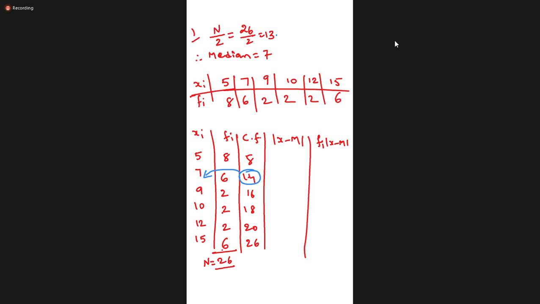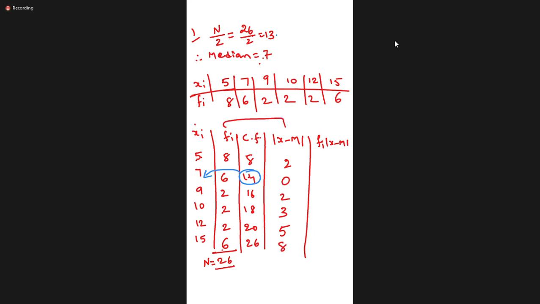So here the median is 7. We have to subtract the median from each observation. 5 minus 7 is 2. Don't think minus, modulus is there, so only positive values. 7 minus 7 is 0. 9 minus 7 is 2. 10 minus 7 is 3. 12 minus 7 is 5. 15 minus 7 is 8.